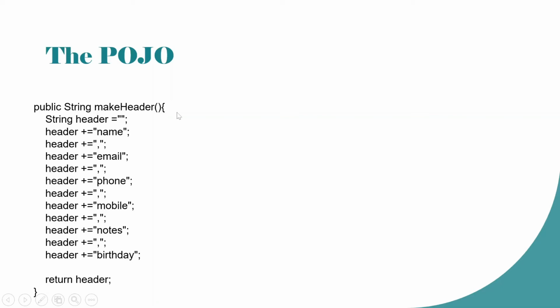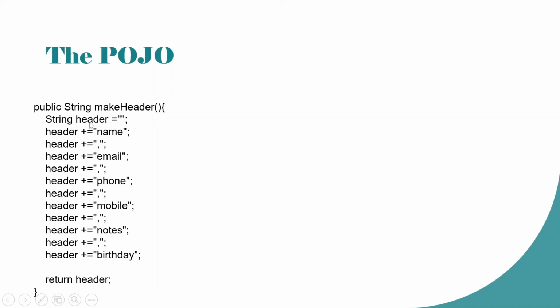And with this make header, what I am doing now is I'm just passing it the names, not the values. So they are inside quotations, you see, double quotes. And that's how I create the make header. The make body is identical. The only difference is that I dropped these double quotes.